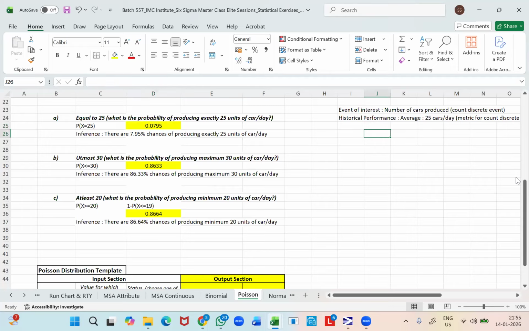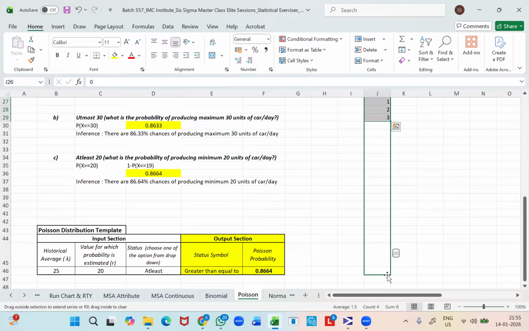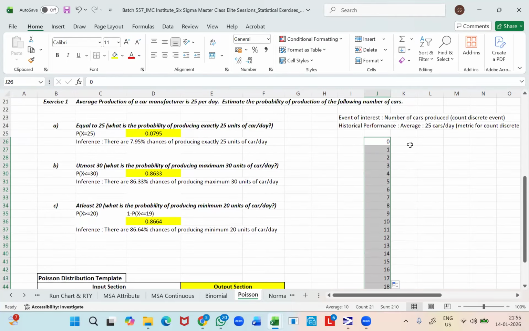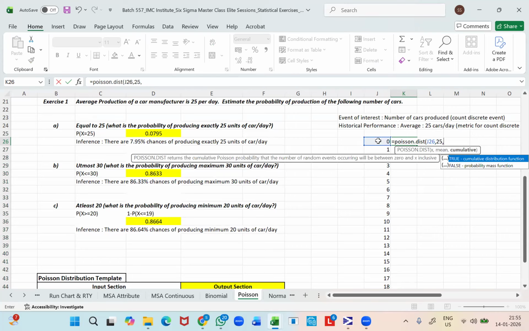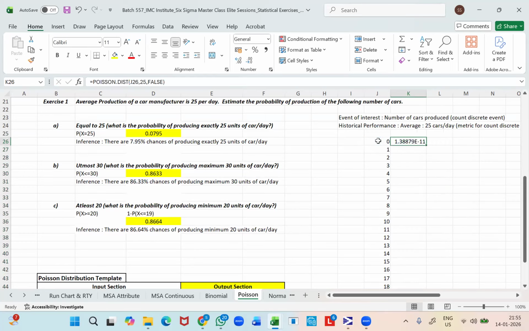So you can even solve and see. Let me just enter the values 0 to say 50. Or even 0 to 20. Let me see. If it goes beyond 20, then we will extend this further. So this will be POISSON.DIST, open bracket, I will provide this as reference, comma, 25, comma, cumulative for individual probability value will be false.